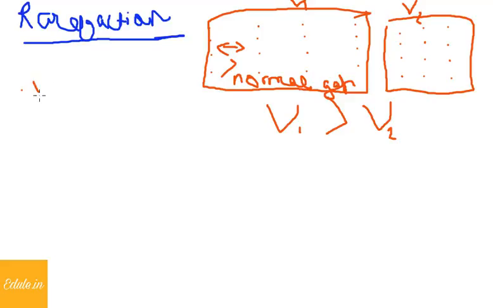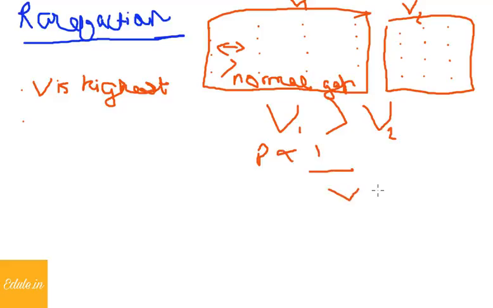The first property is that volume is highest. If we take the example of all three cases, the volume is highest. Second, we know that pressure is inversely proportional to volume. So if volume has increased, pressure is decreased.